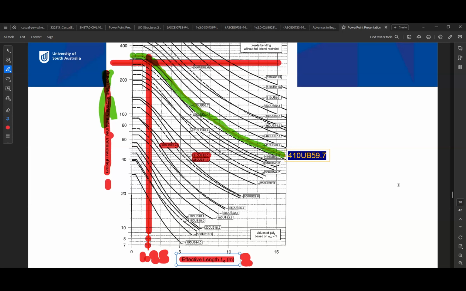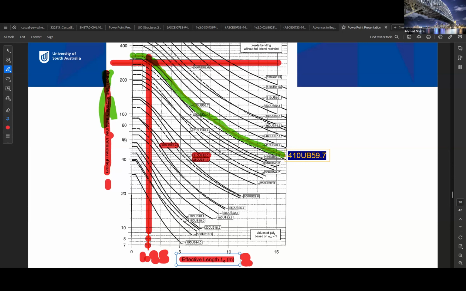I used the axial one, but this one's the moment capacity one. Make sure you check that on the side, just a hint. Yeah, this is a good hint. Make sure that you are using the correct table. Because you are looking at moment, since we are designing a beam, a beam is designed based on moment and effective length. When we go to the column design, you will use the axial load with the effective length or buckling length.